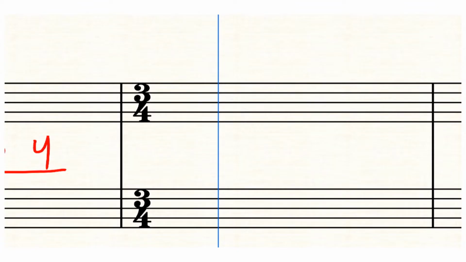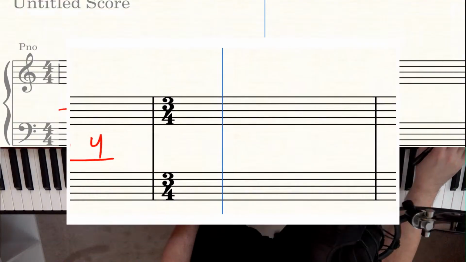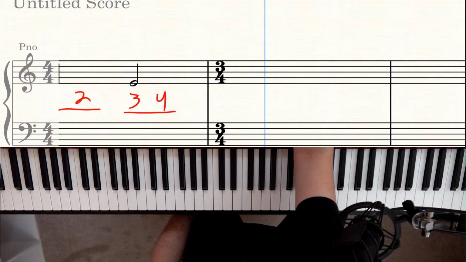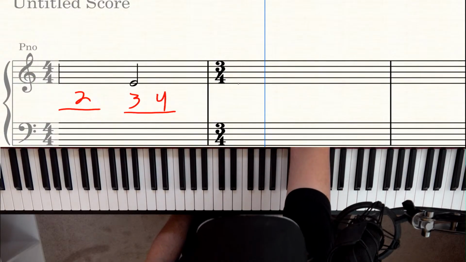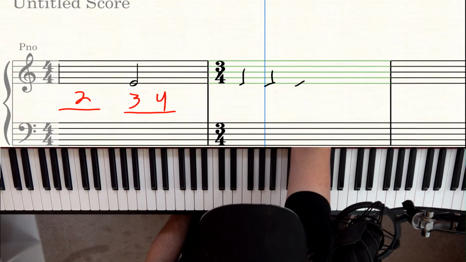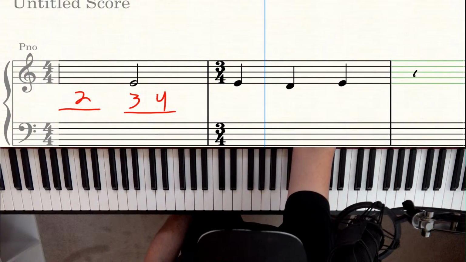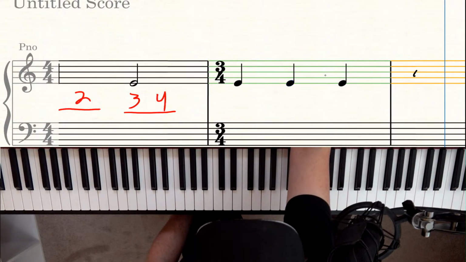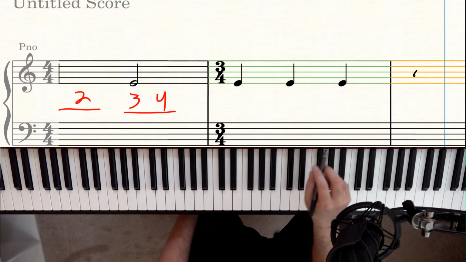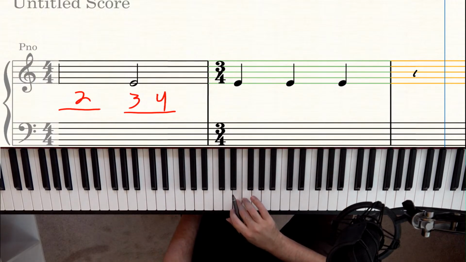And 3/4 tells us, so Michael was just saying hi, that's no problem. 3/4, you got it, tells us 3 beats in each measure. So let's write out 3 beats. 1, 2, 3, right? You play it 1, 2, 3.